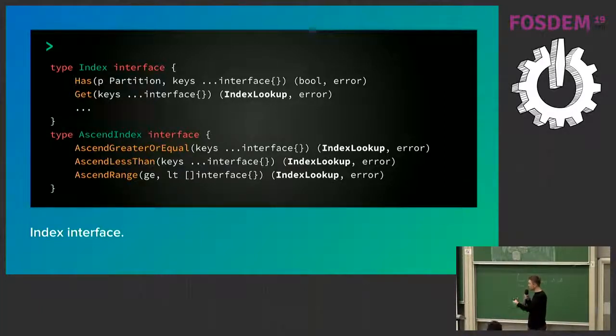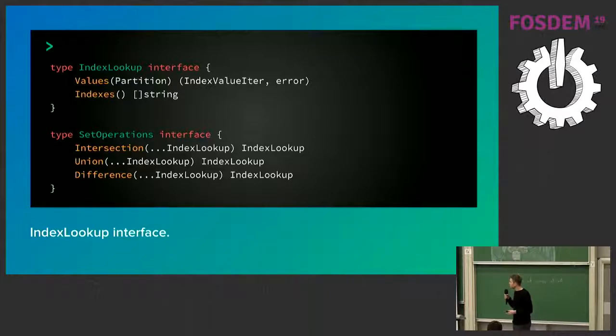It returns an index lookup, which more or less is a wrapper on a value iterator. Also, we have some indexes which let us query by ranges, like an ordered index, so you can ask questions like greater, less than, etc. But all of them return the index lookup. And the index lookup, as I mentioned, is a wrapper on an iterator.